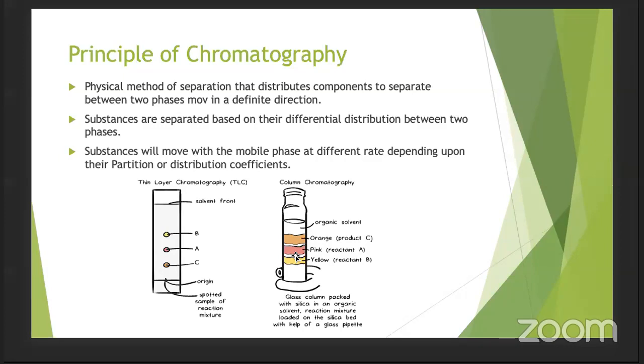That is, ions are attached to the resins that are present in the stationary phase, and the ions in the sample. Basically, the ions present in the component or the sample that you want to separate form a temporary bond with the stationary phase resin.